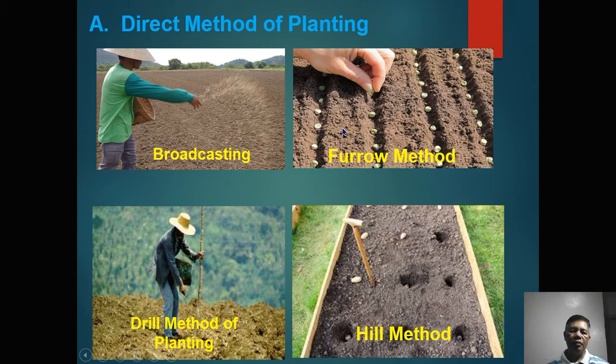Sometimes in large scale farming, the covering of soil is done by passing a plow beside the furrow so that the seeds will be covered. But in this case, the planter or the sower of the seeds covers the seeds in the furrow.